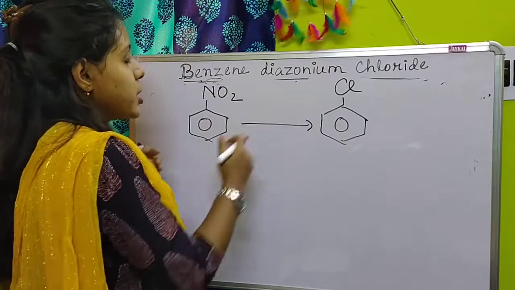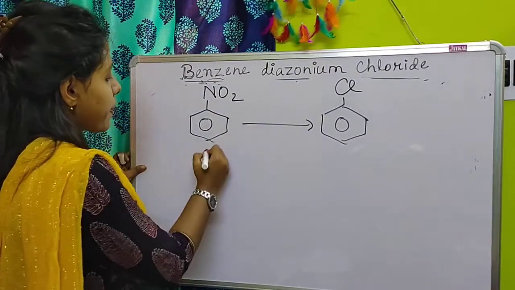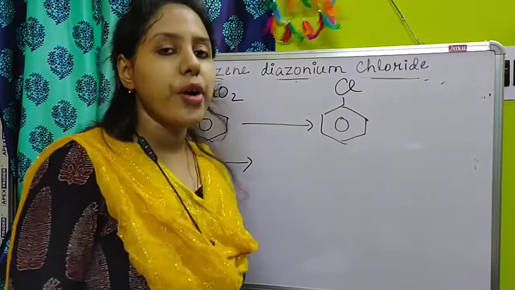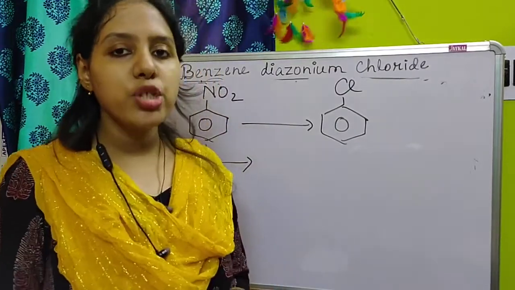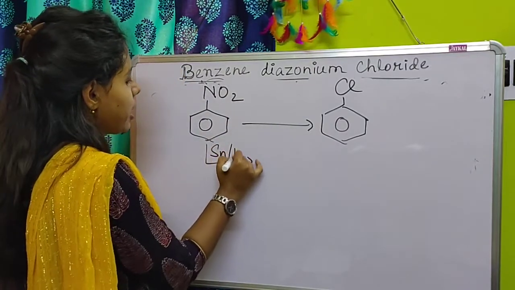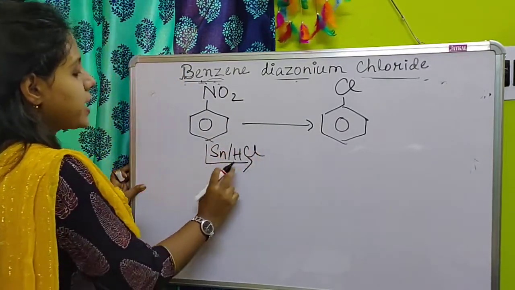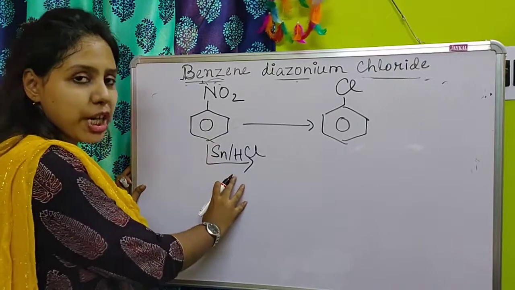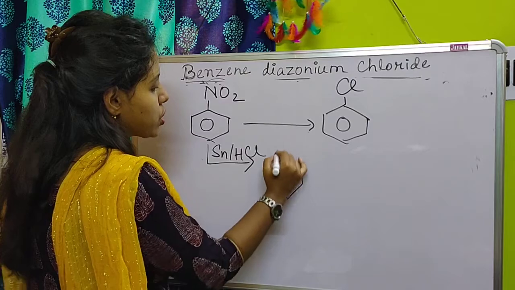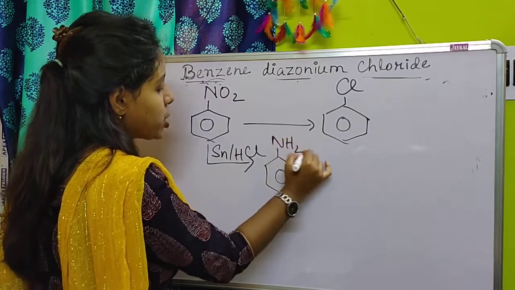So nitrobenzene to chlorobenzene. First we have to change it into aniline, then change it into diazonium chloride. So first you have to add Sn/HCl for reduction of NO2 into NH2. So it will be converted into NH2.